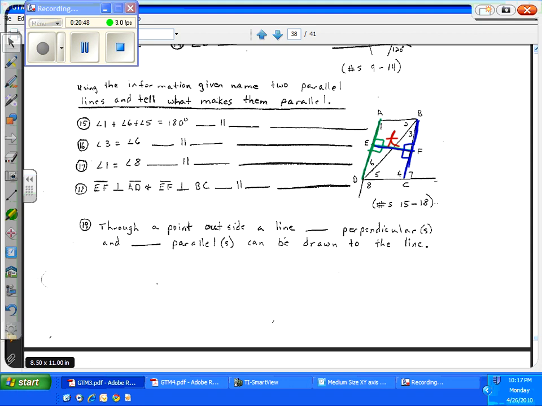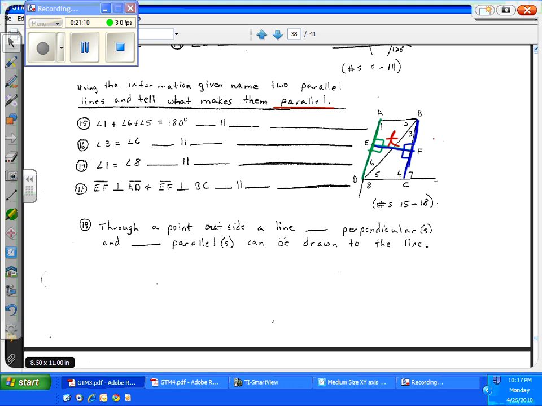Remember that there's four ways to prove that two lines are parallel. If alternate interior angles are equal, then the two lines are parallel. If corresponding angles are equal, then the two lines are parallel. If same side interior angles are supplementary, same sides make a C and they're supplementary, then the two lines are parallel.